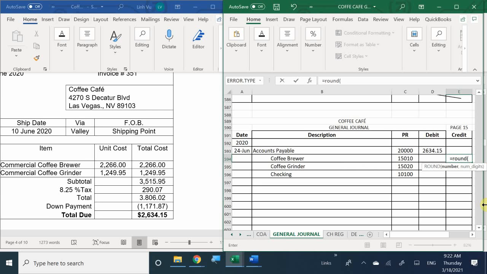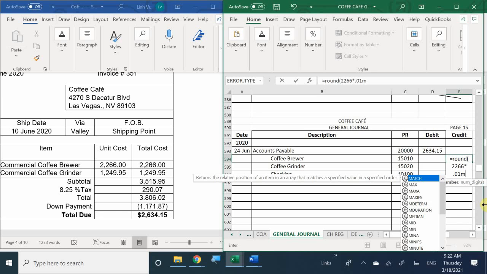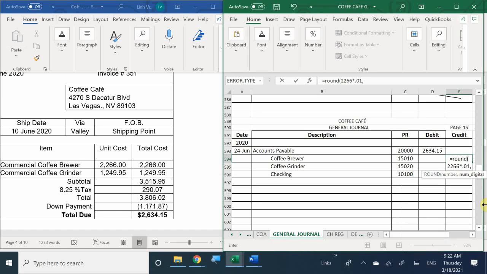All right. So what was it? 2266 times 0.01, comma 2, which gives you 22.66. We're going to do another equal round for the 1249.95 times 0.01, comma 2.